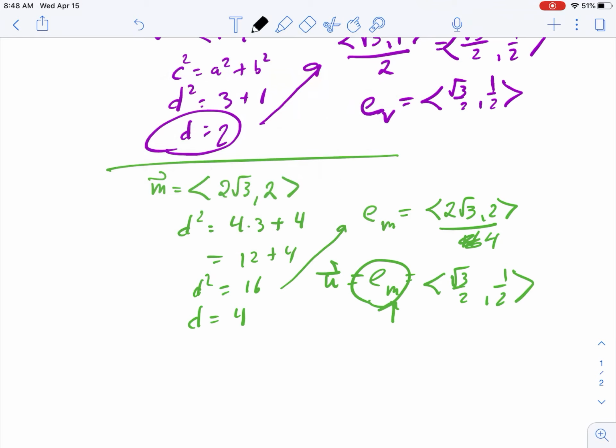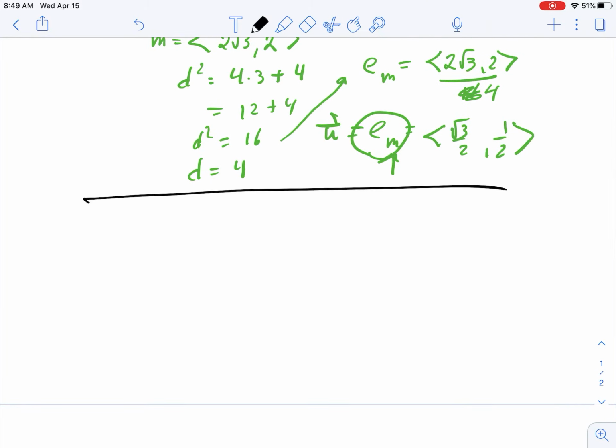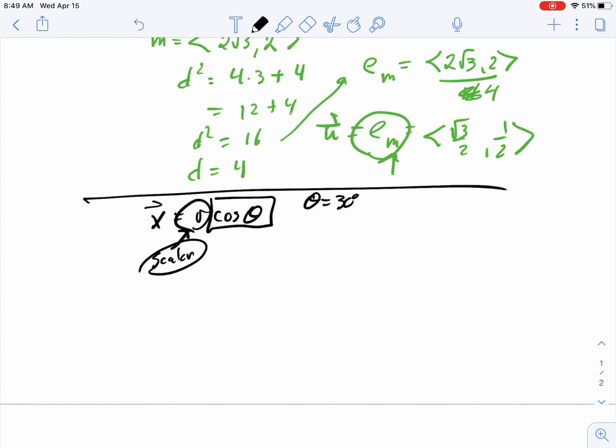So if we look at some of the things you've actually been doing with unit vectors, for example, if you use these equations, like the x component of r cosine of theta, this here you're taking is the unit vector. And this is the magnitude, which would be the scalar. Okay. So let's do 30 degrees again. Let's say theta is 30 degrees.